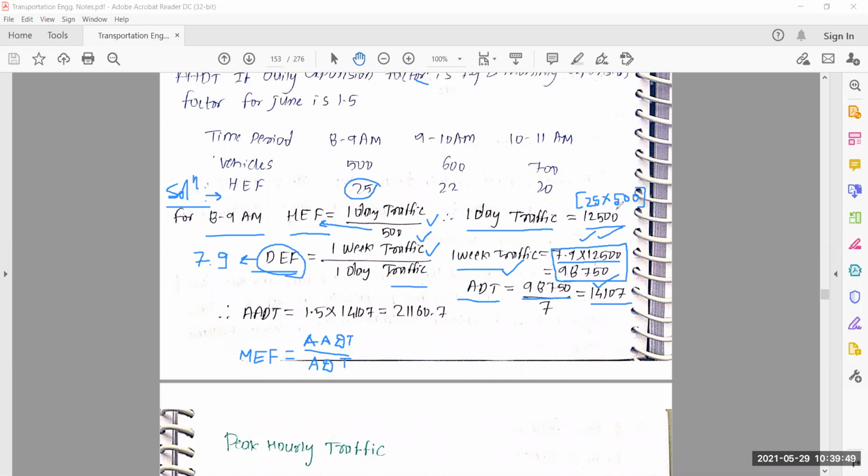So 1 week traffic is 98,750. From here we find out average daily traffic, which will be 14,107.